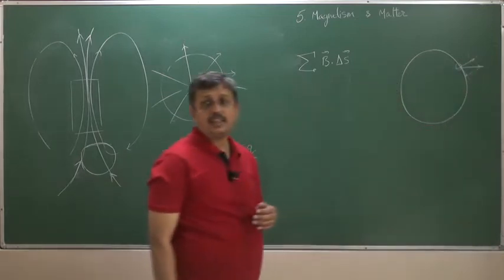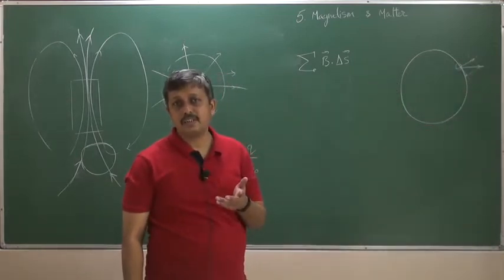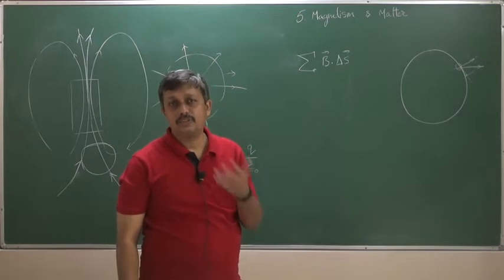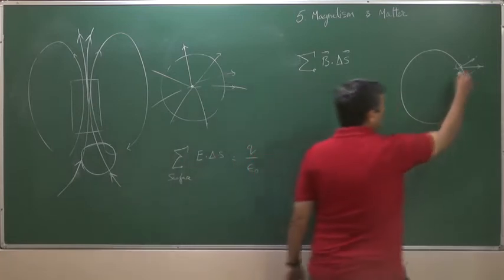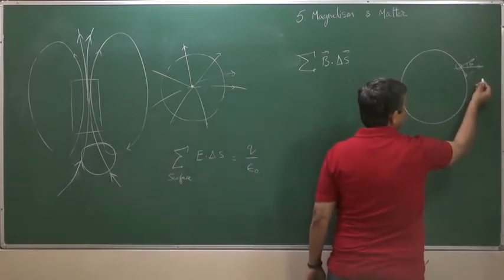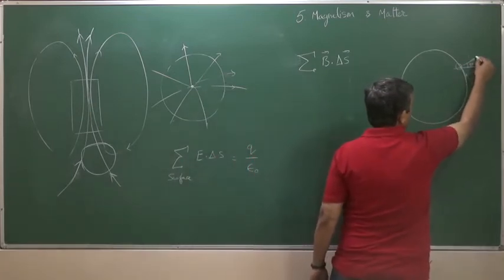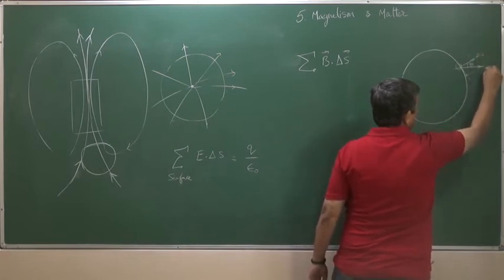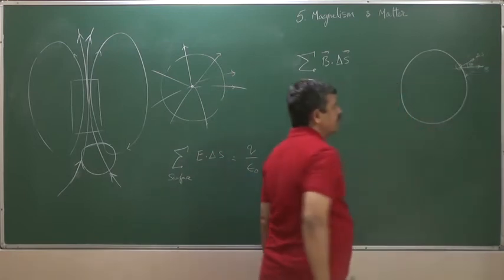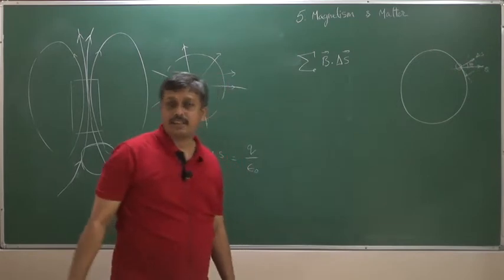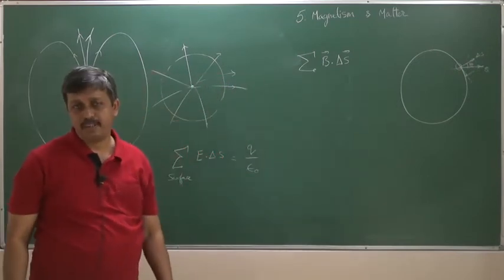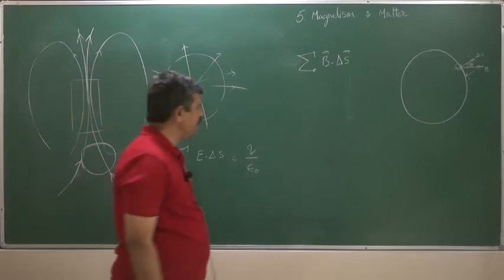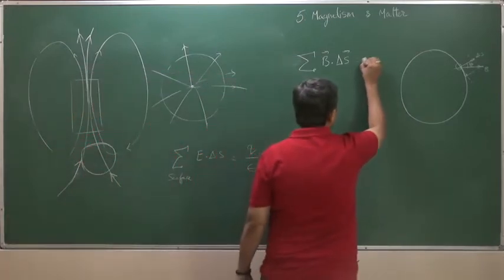Then B dot ds means B into ds into cos 0, which is 1. If it is some other angle, we take theta. B dot delta s means B into delta s into cos theta. We take it all over and add all of them. When you add all of them, you will always get 0.